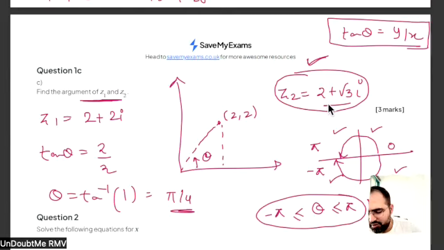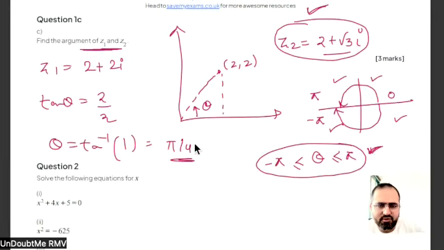What is the value for the angle? Sir, is it a decimal value? You have to write in terms of pi. Okay, got it. Okay, you can write it down in terms of decimal, it's okay. Sir, I'm getting it as 40.8.